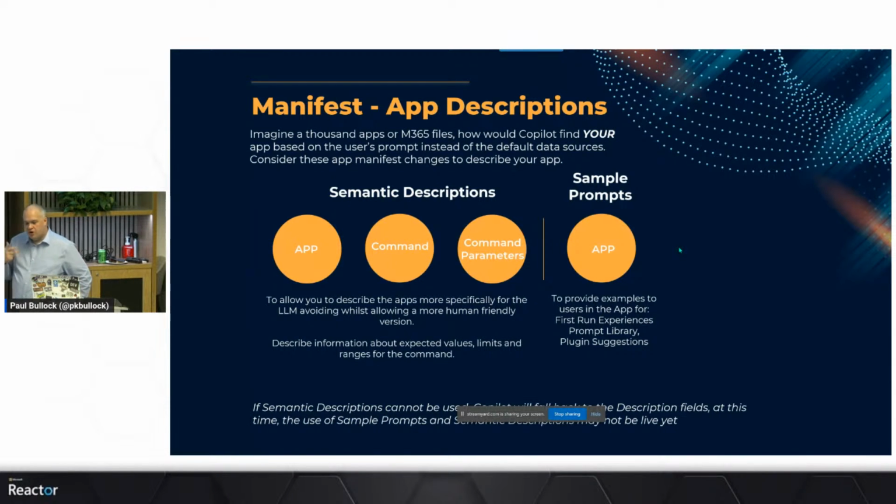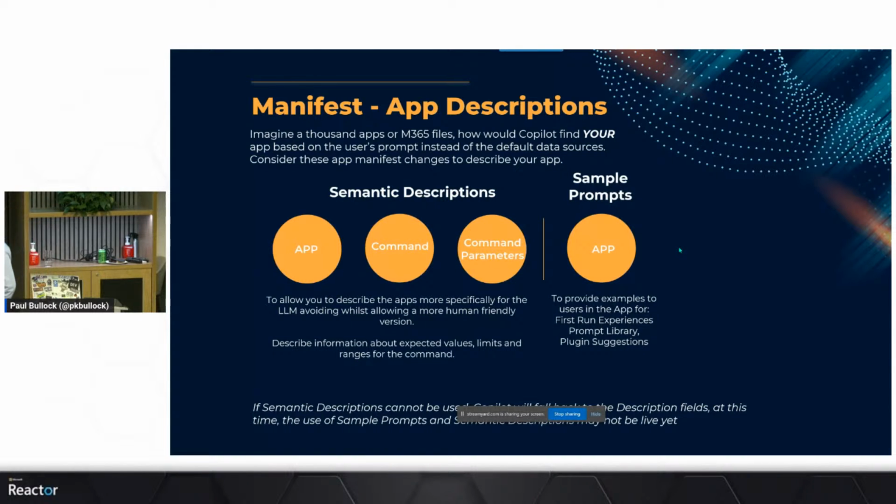When you're describing to Copilot what the app does, it can sometimes get not necessarily human friendly, and a user would read these app descriptions and think, I'm not Copilot, why would I use this thing? So there's now a clear separation between the app description for a human user, the nice informational page, and what you want the LLM to do with the data in your app.